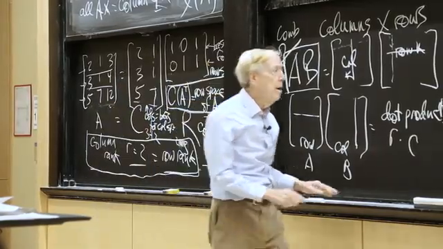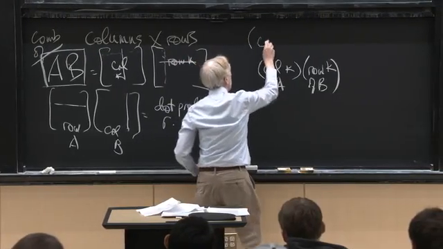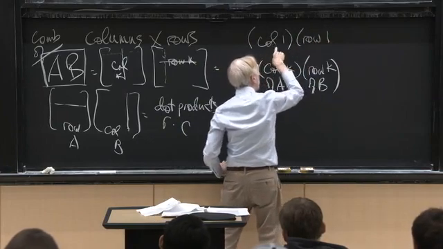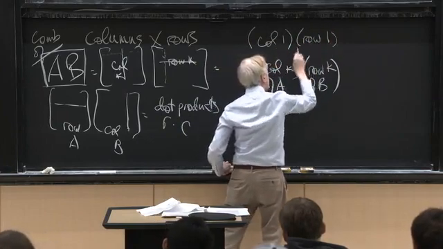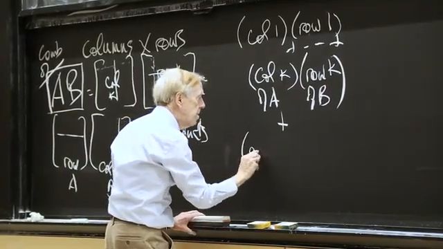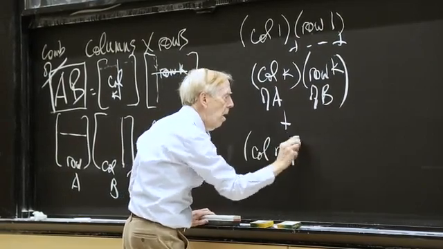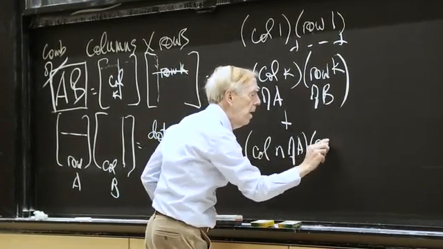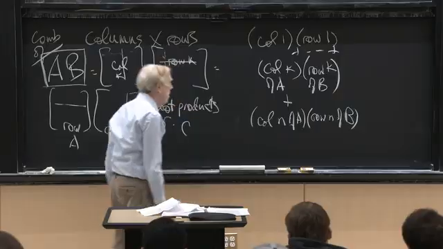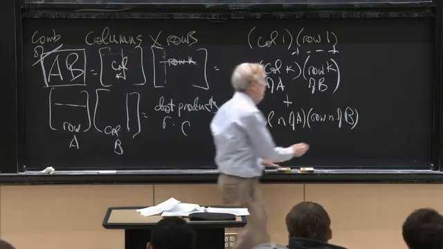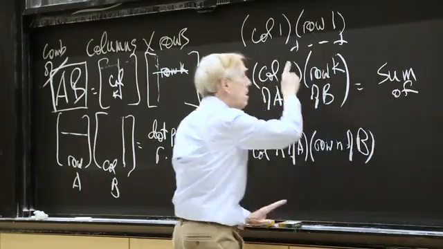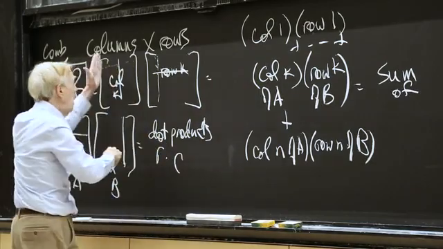So I add from K equal 1, column 1 of A times row 1 of B, plus, plus column K times row K, and of course, I stop at column N of A times row N of B. So it's a sum of outer products.